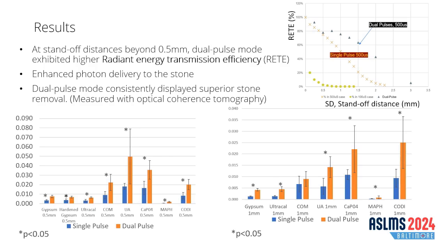The one type of stone that didn't have a statistically significantly different volumetric removal rate was the COM stone, which are typically, in terms of their mechanical strength, the hardest to ablate.